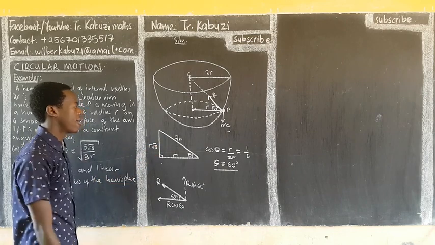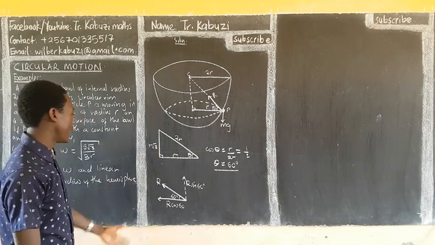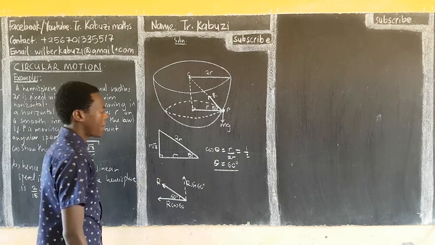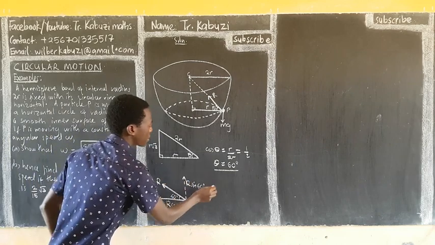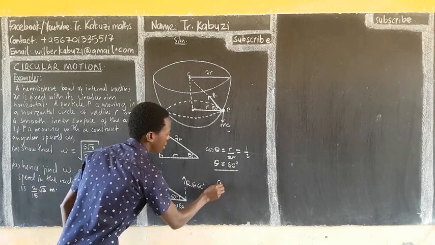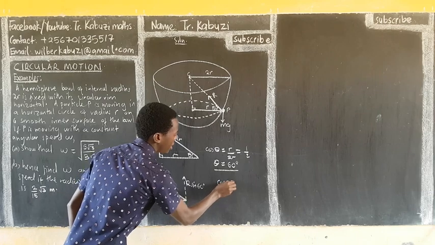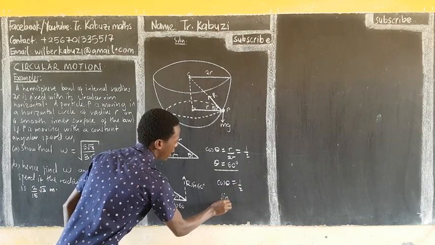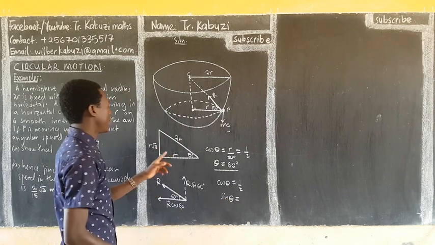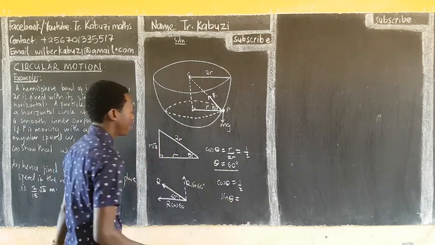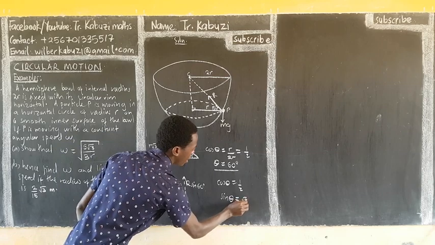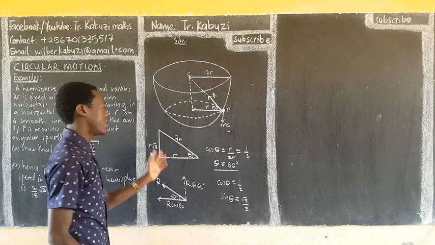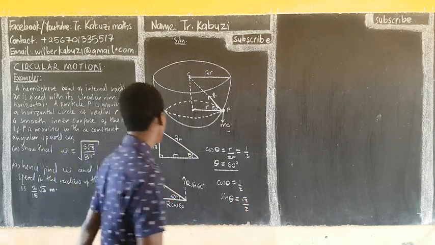That was the other way you can handle this. It's up to you. So from there, you can see that cos theta is a half, and then sine theta would have been the opposite over the hypotenuse, which would be root 3 over 2. So either way you take gives you the answer.